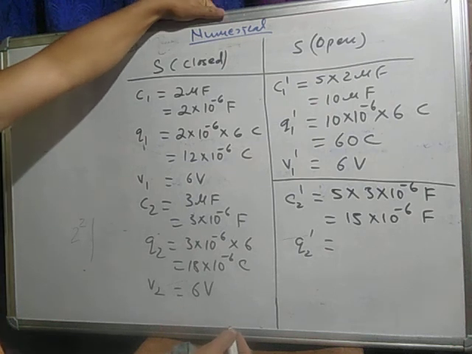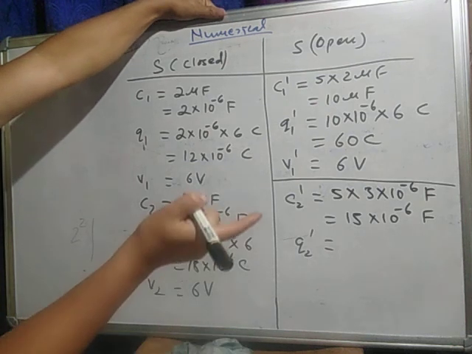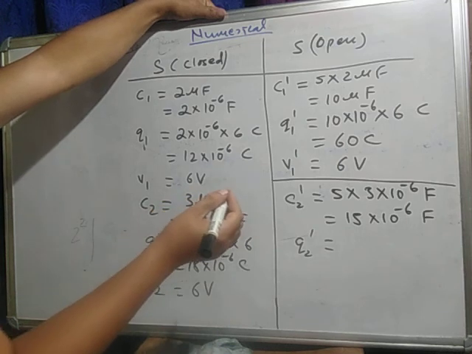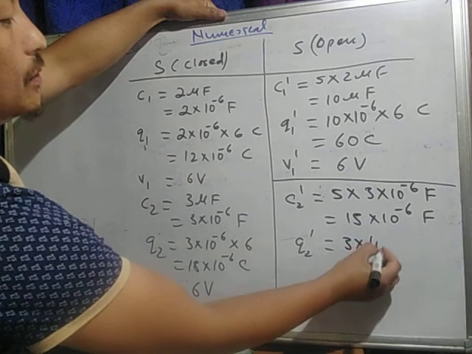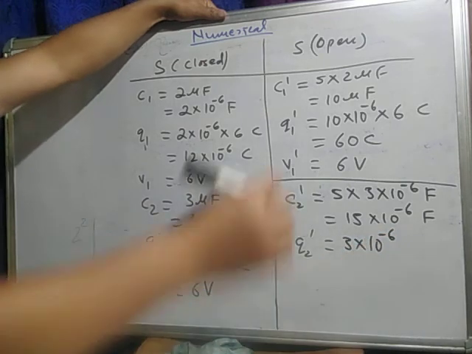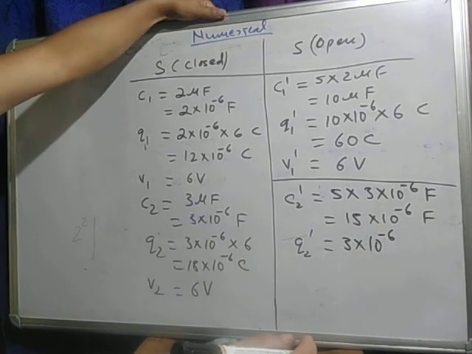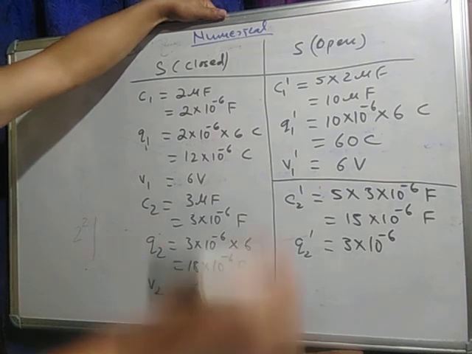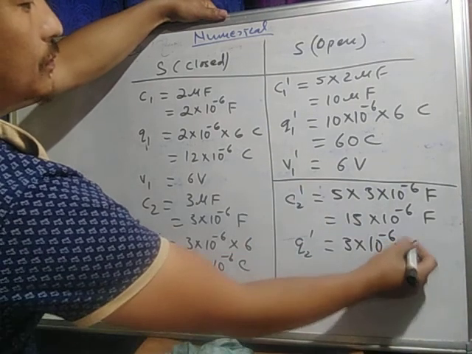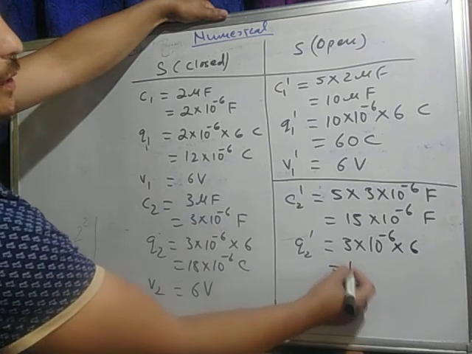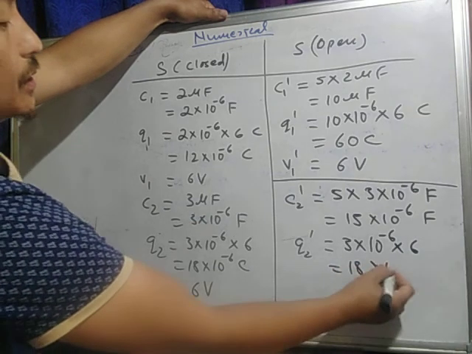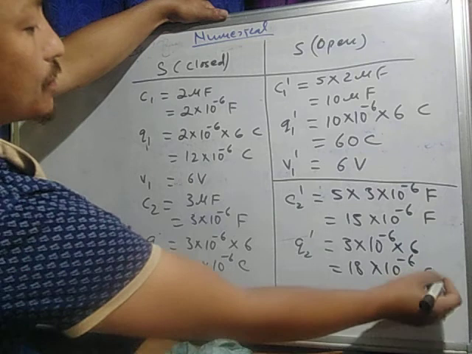The charge remains the same, so 3 into 10 to the power minus 6 into 6, so 18 into 10 to the power minus 6 coulomb.